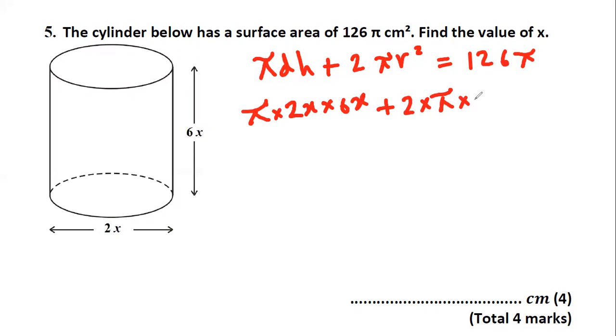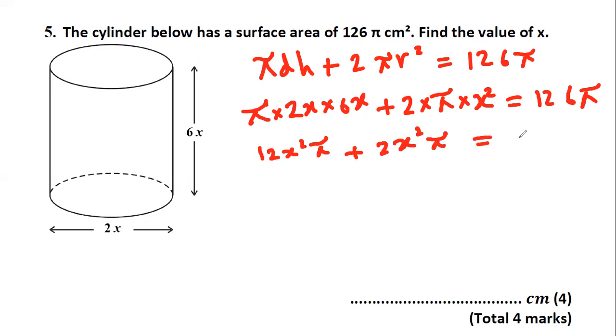Radius must be just x. So x squared, and all of this is equal to 126 pi. If I simplify this, I will get 2 times 6 is 12, and x times x will be x squared. So 12x squared pi, plus 2 times x squared, which is 2x squared pi. On the right-hand side of the equation, I get 126 pi.